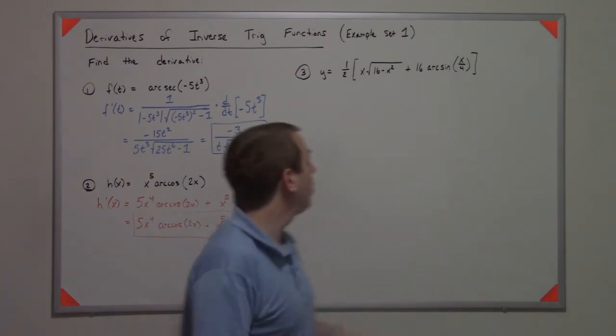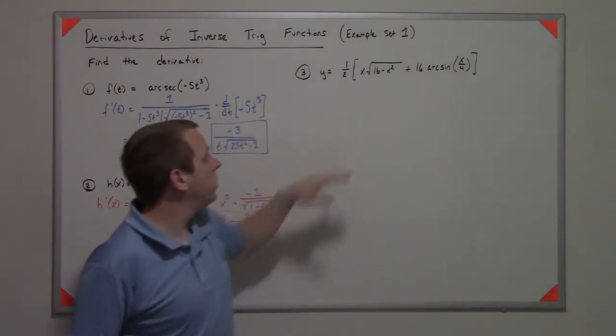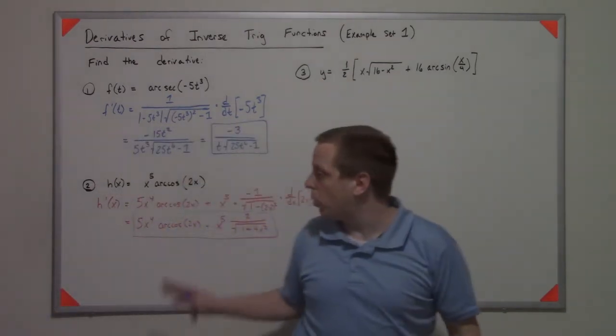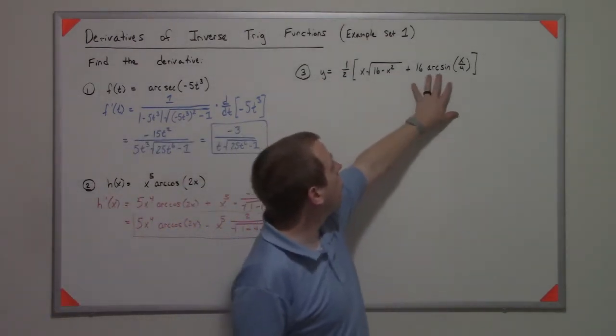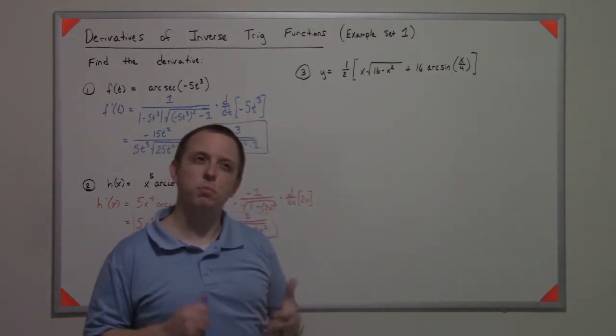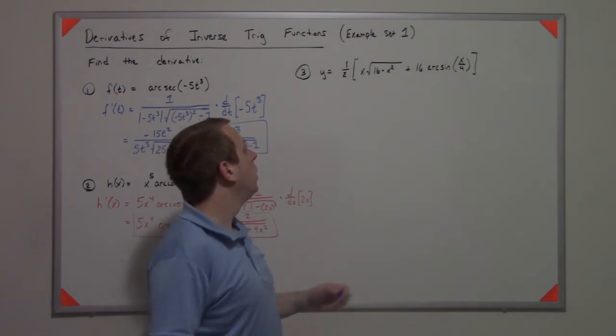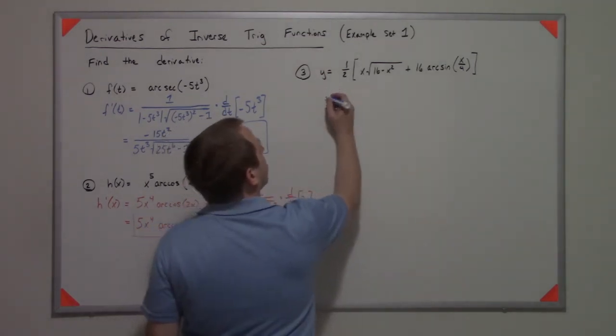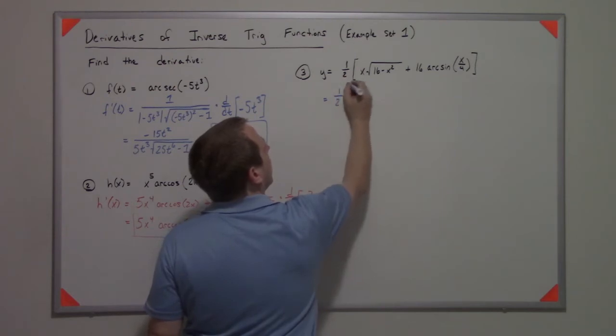Now moving along, we have this expression. This is sort of a continuation of, you're going to have a product rule, but in this case, your arc function is actually separate from your polynomial function, so you kind of luck out here. In this particular case, we have to do a product rule here.